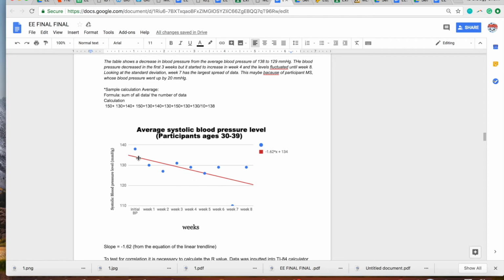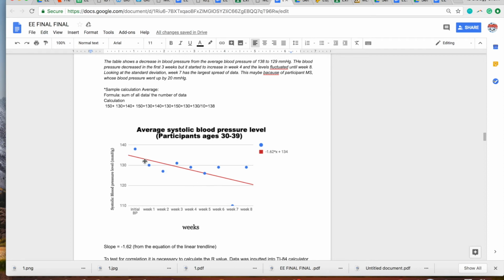Now the steepness of the trend line will show me the strength of the correlation. Y equals mx plus b. Sounds familiar? Slope. If the slope is big, it means it's steep, right? So I told her, plot your formula, get the measurement of your slope. The higher the slope, the more steep the line is.